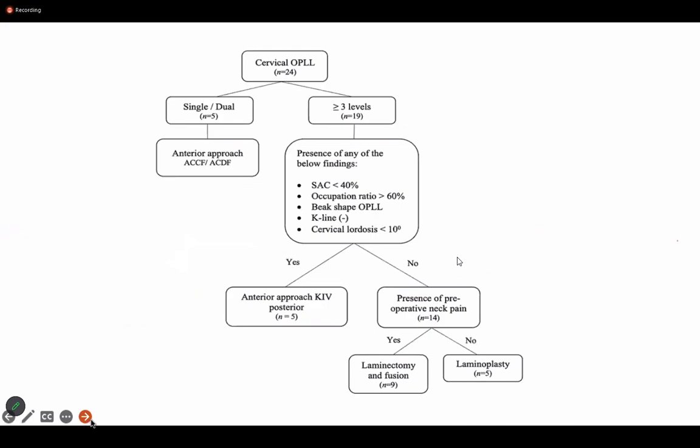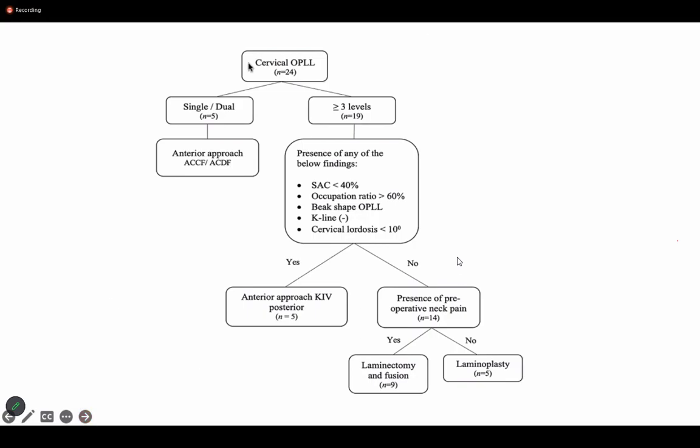After that, I saw some research, some studies focused on the indications for surgery and how the doctor chooses the approach to do surgery.